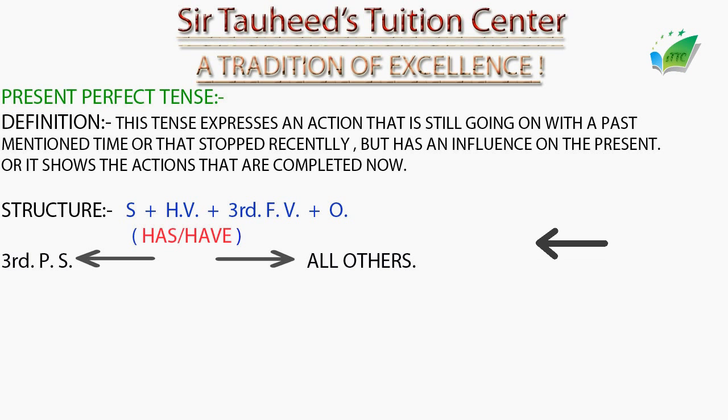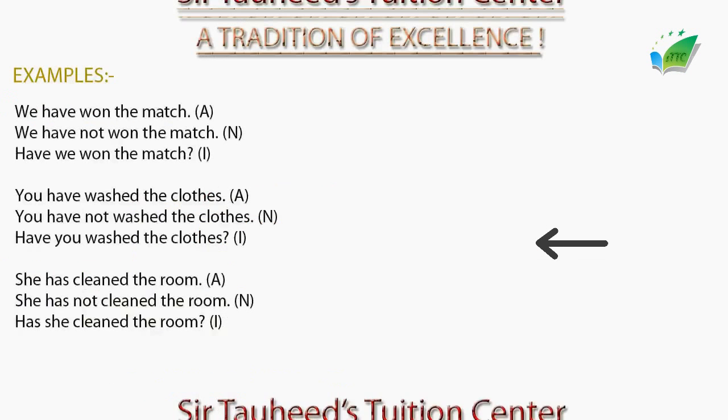Maybe you can take anybody's name, you can call someone's name, so it is called third person singular. So after these subjects we have to use has. But if the subjects are other than third person singular, then for all other subjects we use have. So that's it. This is the structure.